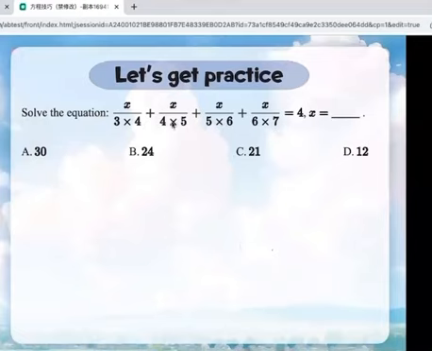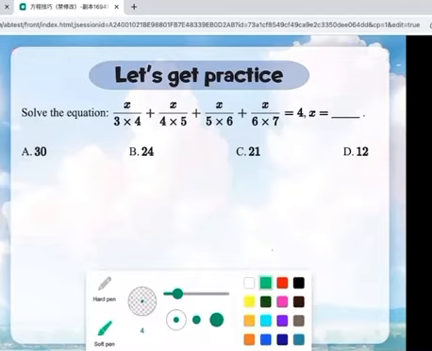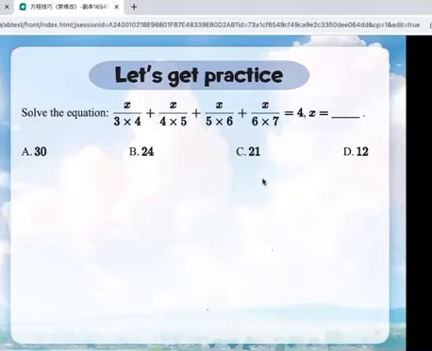But I found that for all of these 4 fractions, they all have the x as the common factor. So we say whenever we have a common factor, we can factor out the common factor by using the distributive law, right?